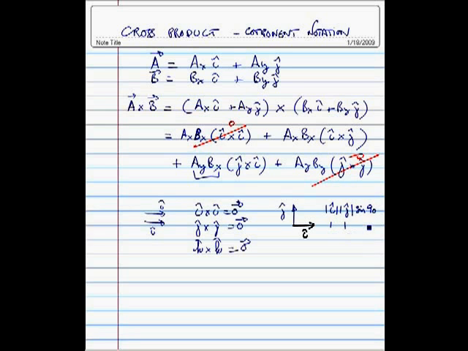This is 1, this is 1, this is 1. Therefore really the magnitude of i cross j is 1, the magnitude of j cross i is 1, the magnitude of k cross i or j cross k, when you're dealing in 3D, is always 1. So at least we know that the magnitude is 1.